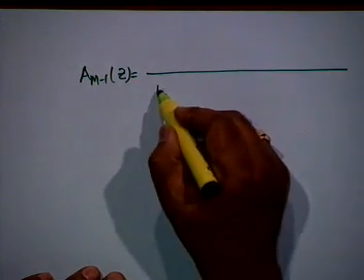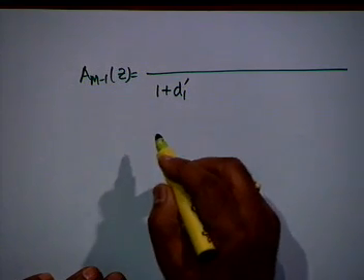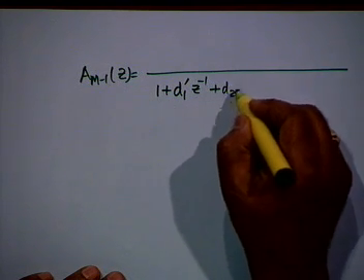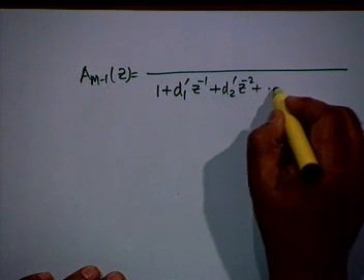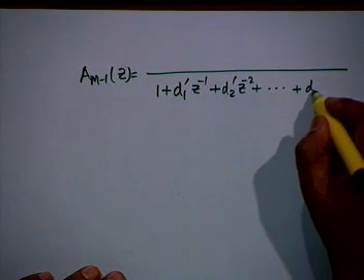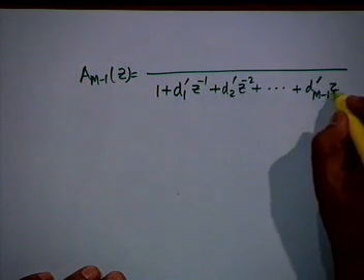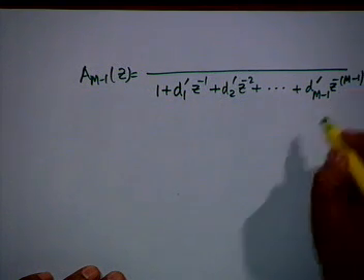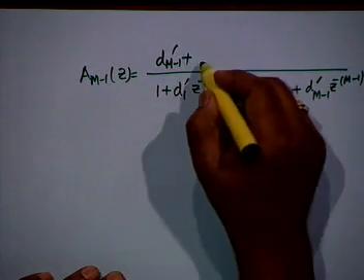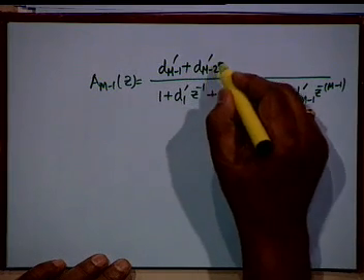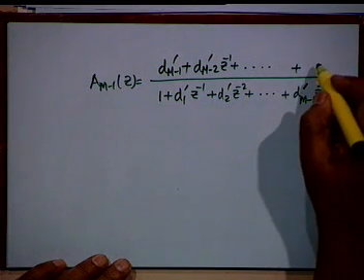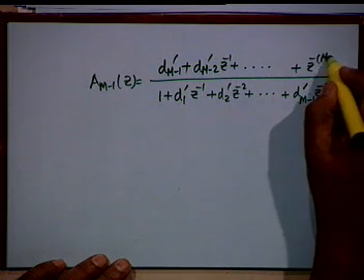shall be of the form 1 plus d1 prime z inverse plus d2 prime z to the minus 2 plus etc. plus d subscript m minus 1 prime z to the minus m minus 1, and the numerator shall be dm minus 1 prime plus dm minus 2 prime z to the minus 1 plus etc. plus z to the minus m minus 1.